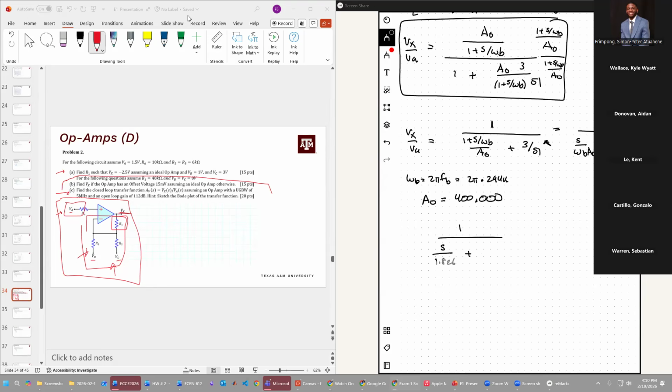Okay, I got 7e to the 11 here. There we go. And then for this, I get 0.058, like so. And if we do 1 over this, it's actually going to be about 17.